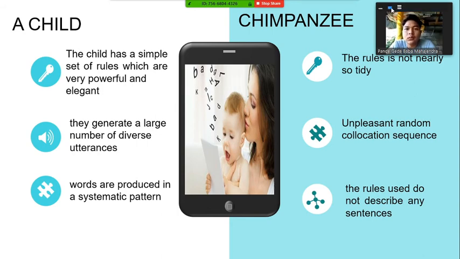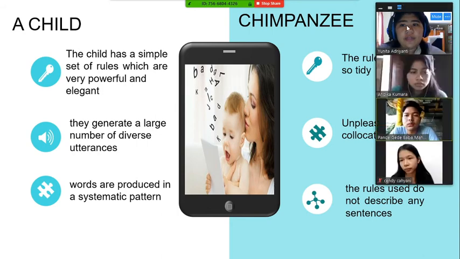Like Trisna said before, even though the children produce one or two words, those words are very powerful. For example, if the child says cake, it can indicate a complete sentence like "I want to eat a cake" or something like that.